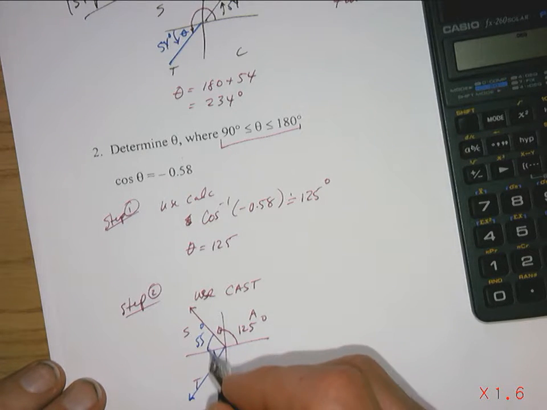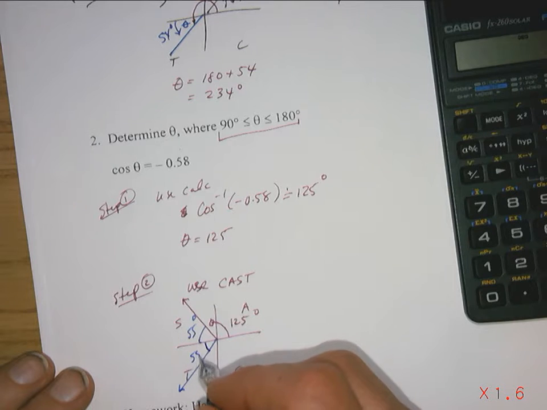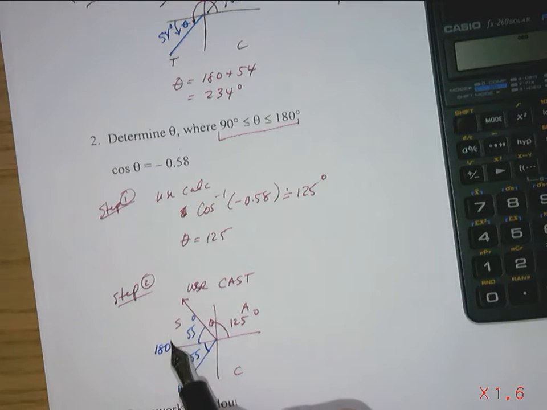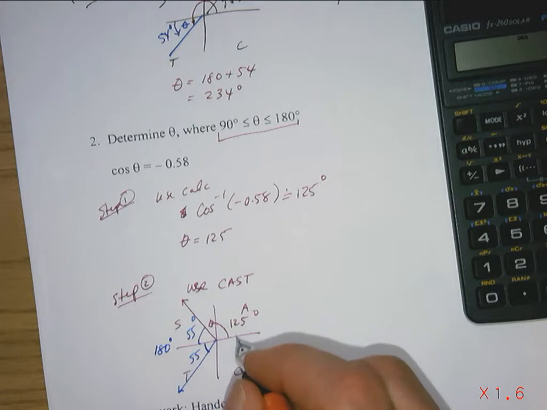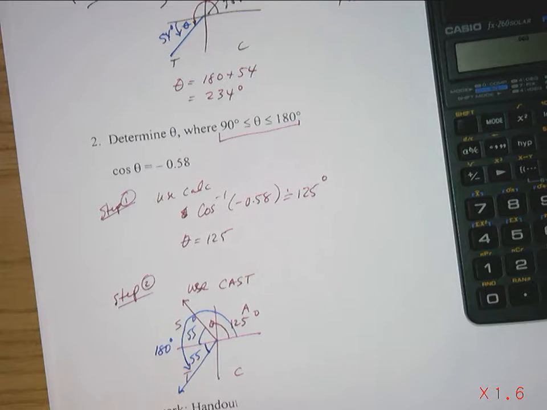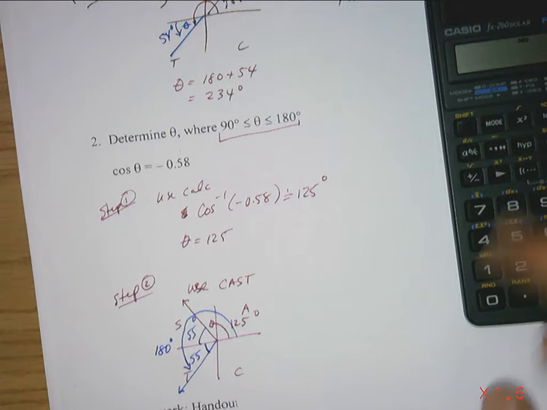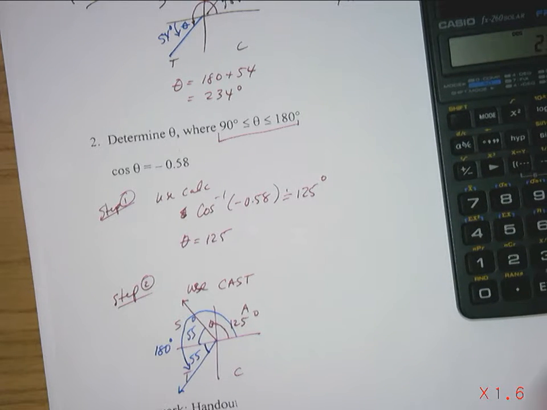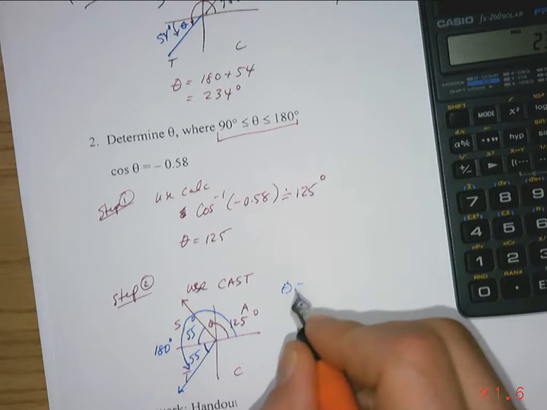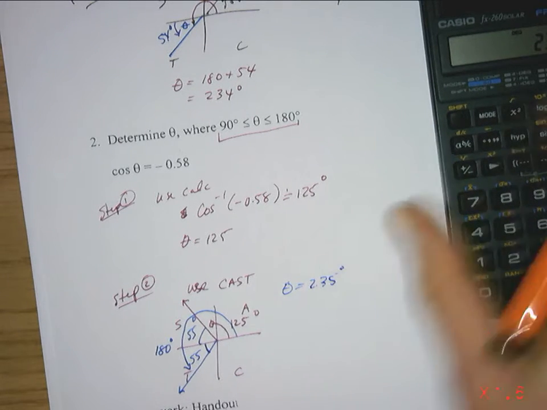Right here, measured down from the horizontal, so that would be 55. Remember, that's 180. So the rotational angle to go all the way around there is going to be 180 plus 55. And that's 235. So I've got two answers here. I've got theta equals 125, and I've got theta equals 235.